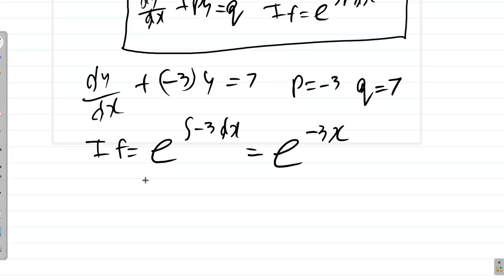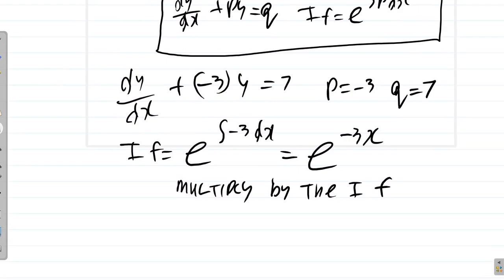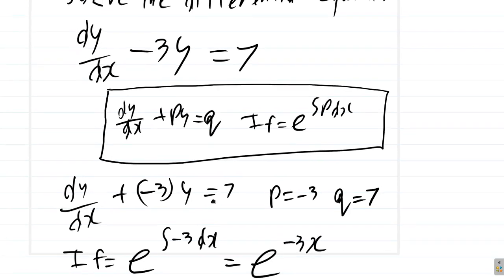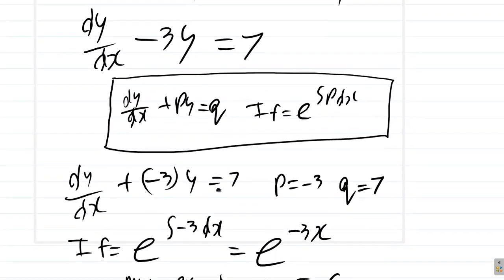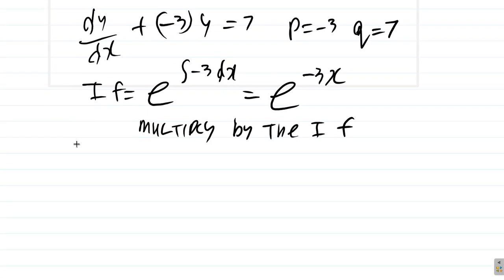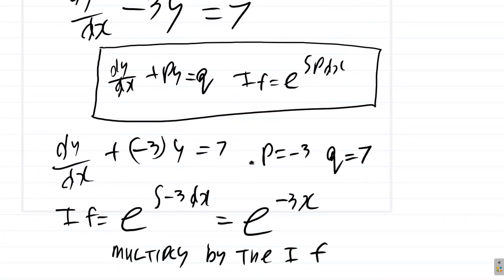So the next thing you do, multiply both sides by the integrating factor. So you have dy by dx minus 3y equals 7. You have e to the negative 3x times dy by dx.